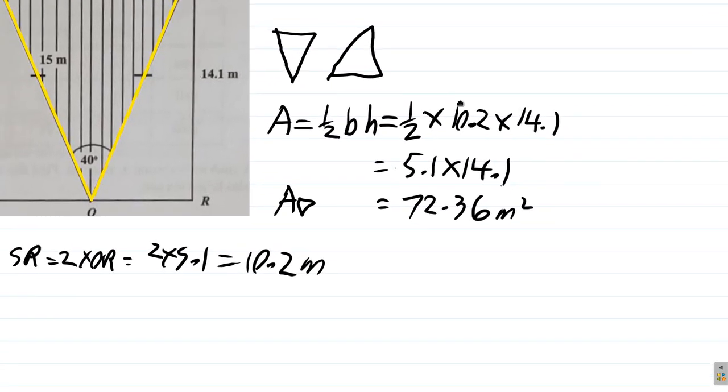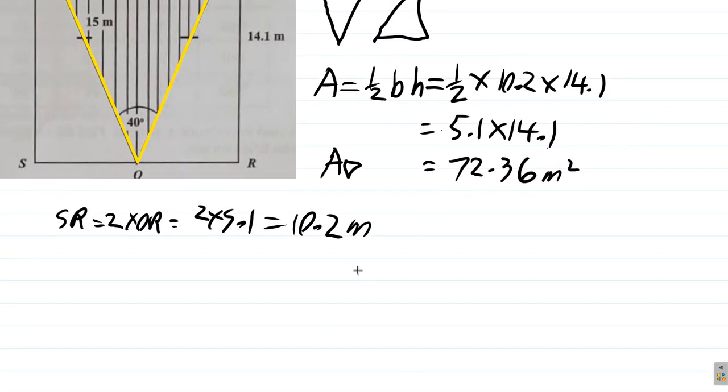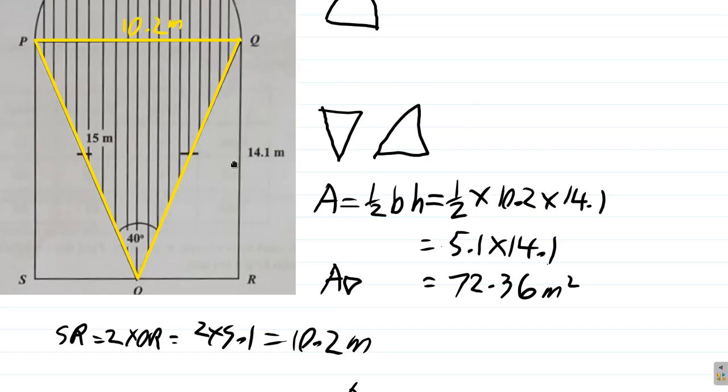The semicircular part, let me just call it this. Well, in the exam you could say A1 is equal to the area of triangle PQO, and then work it out.